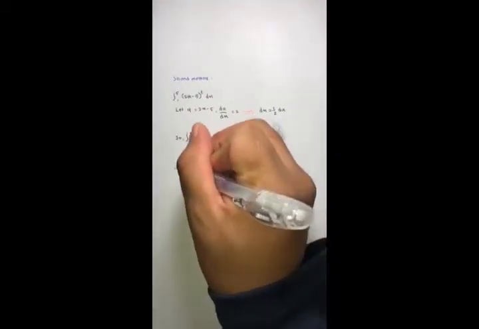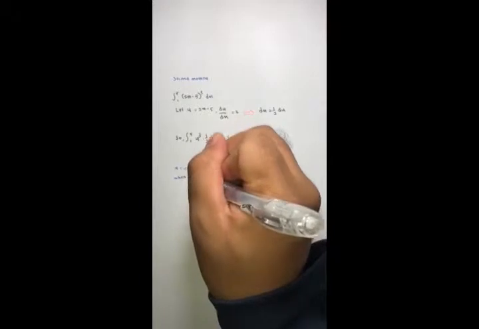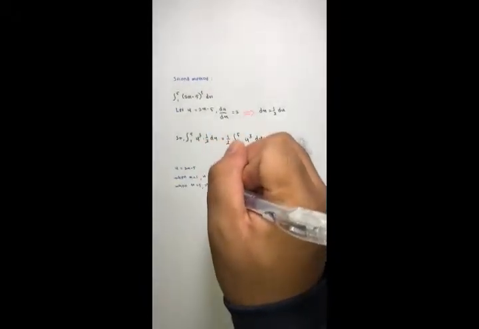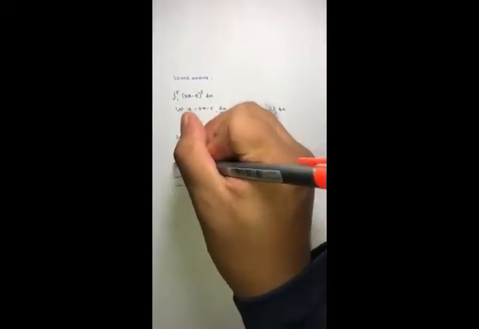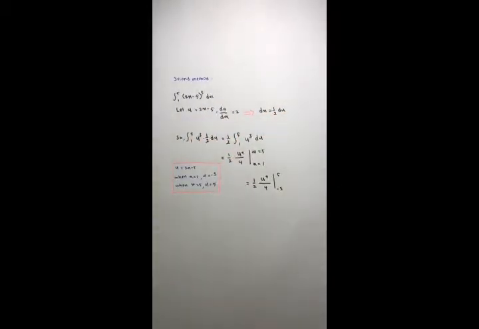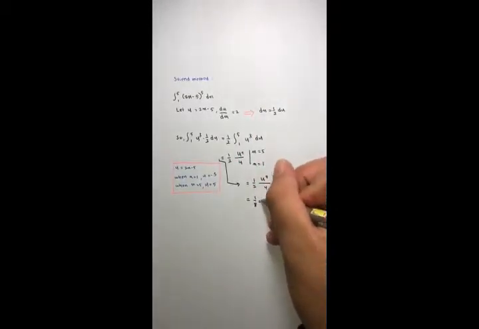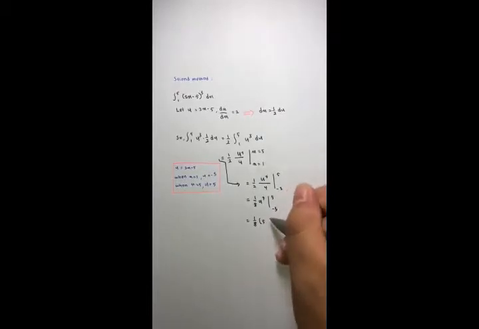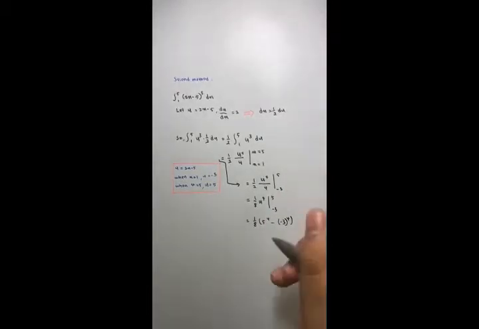Then we calculate the values of u by substituting the x values 1 and 5, and then we get the values of u. So the values of u we can substitute into the integral. So we will get the same answer as the first method.